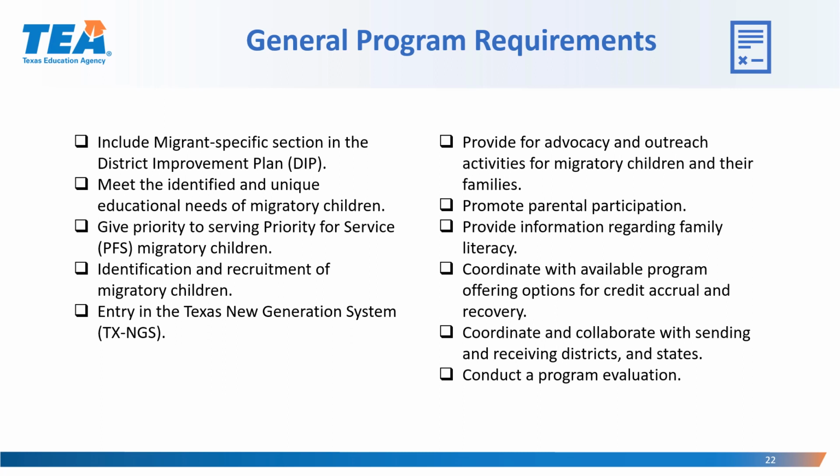Program requirements can be found in the Title I Part C Program Guide program description. In addition, all Migrant Education Program grant recipients must operate and implement the program in accordance with all the provisions and assurances of Title I Part C. Some of the key program requirements include: the LEA is responsible for incorporating all MEP activities, services, plans, and guidelines into a migrant-specific section of the District Improvement Plan and updating it on a yearly basis.